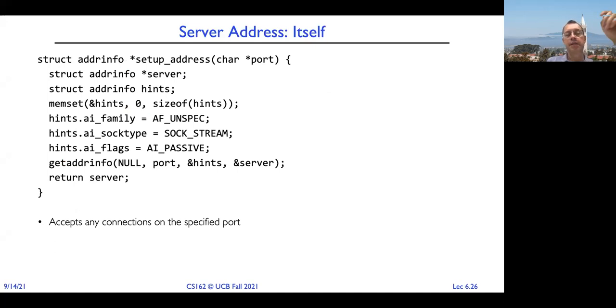This is the address, how you set up the address. Again, I'm not going to go into so many details. You have the same things like SOCK_STREAM, it's a data stream. This is what you have for TCP. You don't specify the IP, IP family and things like that. But again, it's boilerplate code to set up this address information data structure.